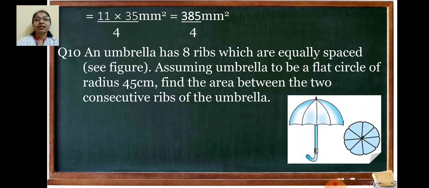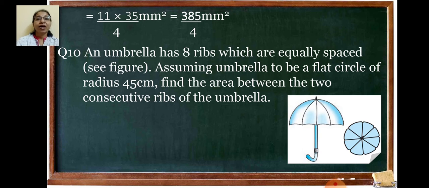So this is that diagram, the umbrella, and if we consider it as a flat section, it will look like this. Okay, so that entire circle is divided into 8 parts by the 8 ribs.